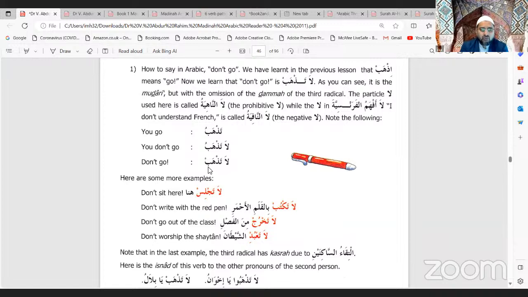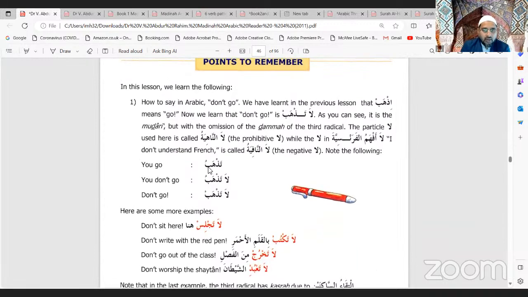La tadhhab, the last letter takes a sukoon, and in the present tense, the dual and plural noons at the end are dropped, like the commands, the amrs. The same thing happens in the prohibitive command. So we're just going to cover la nahiya and la nafiya.